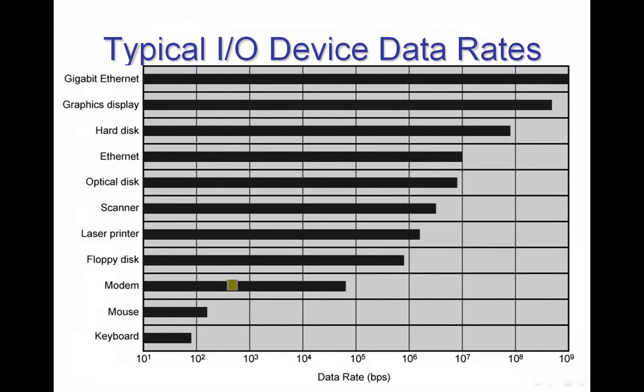The typical I/O device data transfer rates differ between the different I/O types. The slowest type is the keyboard. It is less than 100 bits per second. The mouse is over 100 bits per second data rate. We have then the hard disk, with increasing data bit rates.